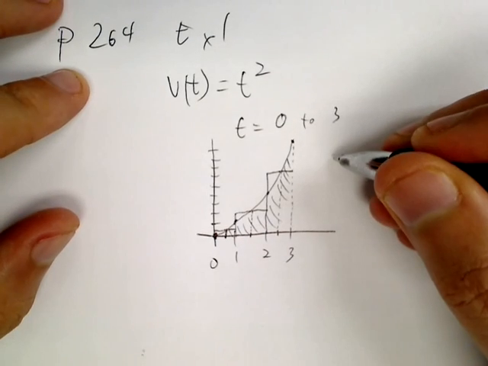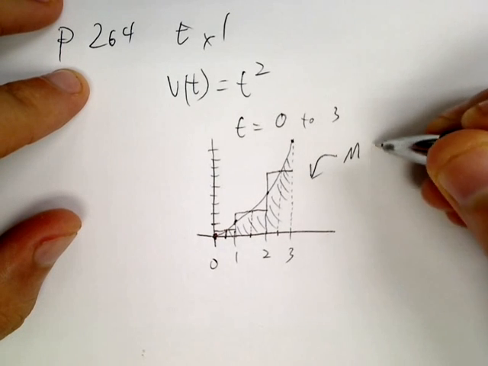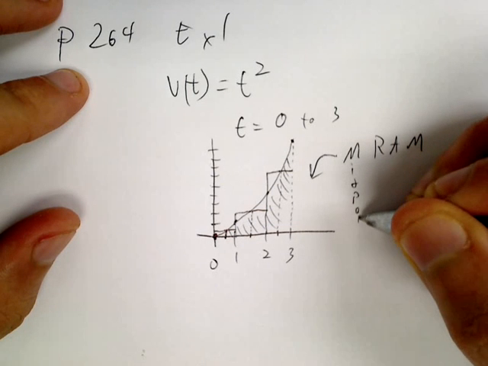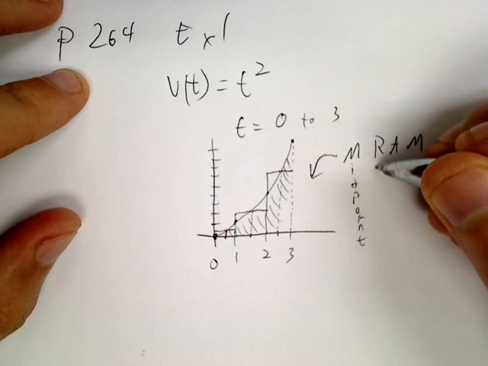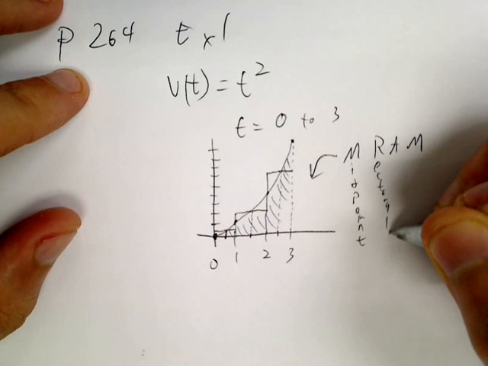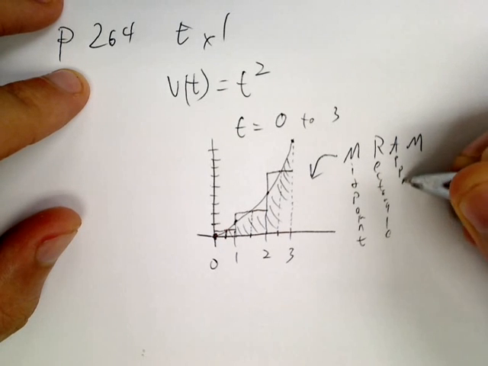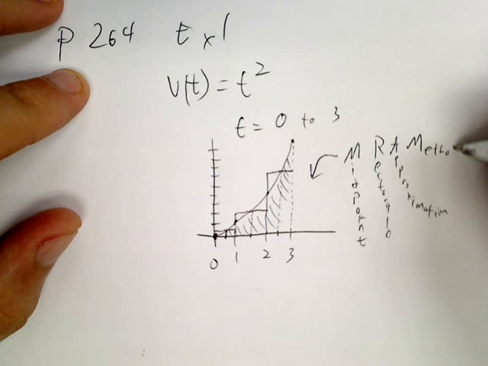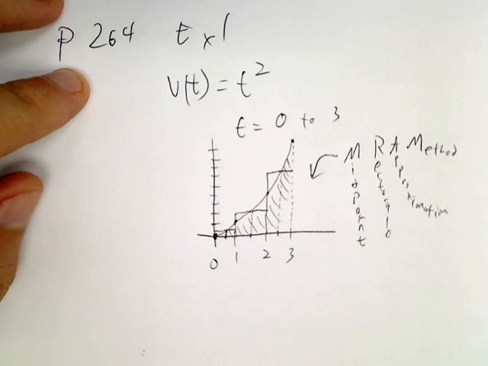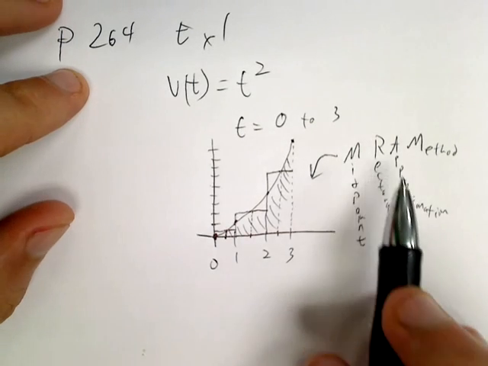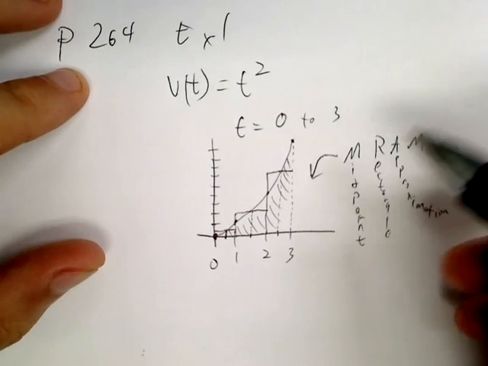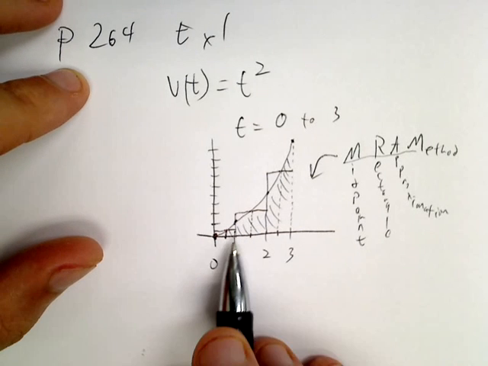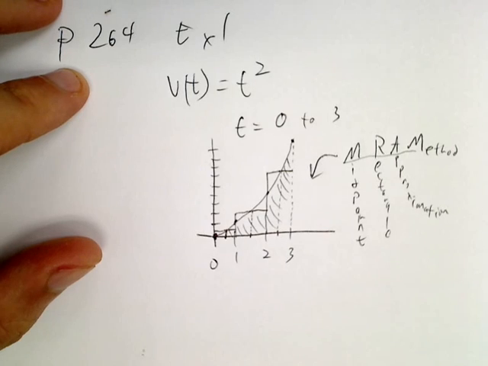This is MRAM, midpoint rectangle approximation method. I got bored of making my words come down, so I made that one off to the side. So the midpoint rectangular approximation method, or we'll just abbreviate it MRAM, means go up until the middle of the rectangle hits the line. And I use rectangles because rectangles are easy to work with.